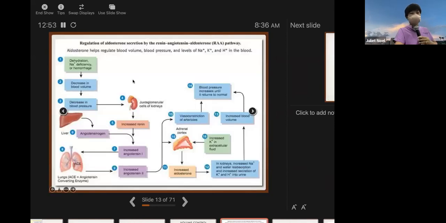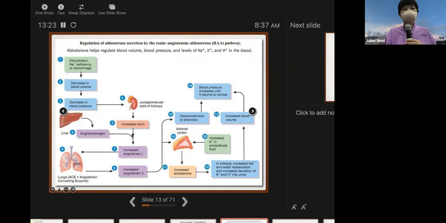For a schematic diagram, when you have dehydration, sodium deficiency, or bleeding, that will cause decreased blood volume or a decrease in effective intravascular volume. So it will cause decreased blood pressure. This is now detected by the juxtaglomerular cells in the kidneys, and they release the renin.